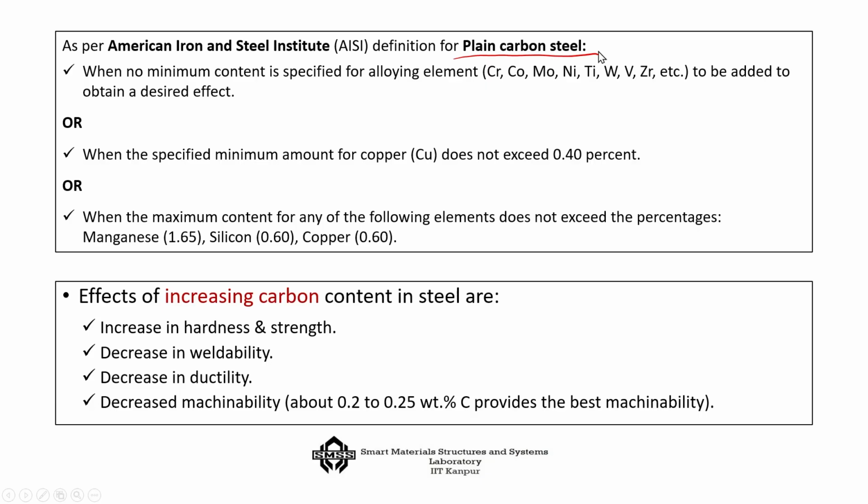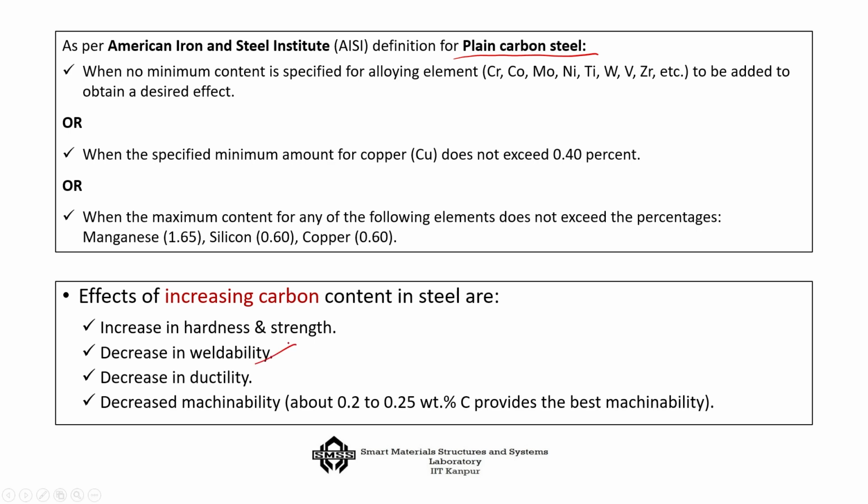The effect of increasing the carbon content in the steel will be in terms of hardness and strength, because the carbon goes into the interstitial space, which makes dislocation movement difficult. It will also decrease the weldability.